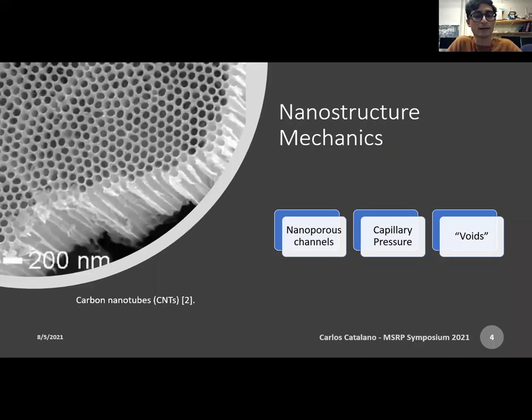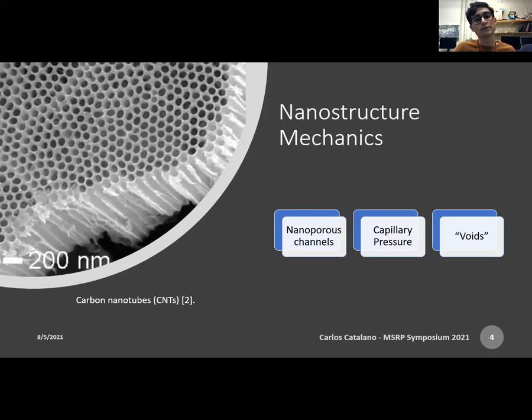How this works is that the NPN substitutes the need of an autoclave and its applied pressure by using capillary pressure. Basically, as we see in this image, this is an image of carbon nanotubes, and NPNs work similar to carbon nanotubes.